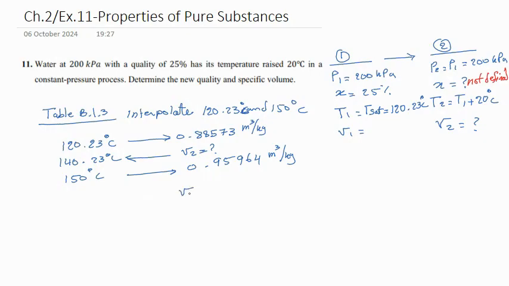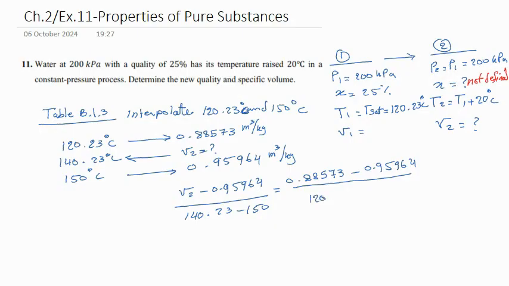Doing the interpolation, assuming a linear relationship, so working this out on your calculator, you get the specific volume.